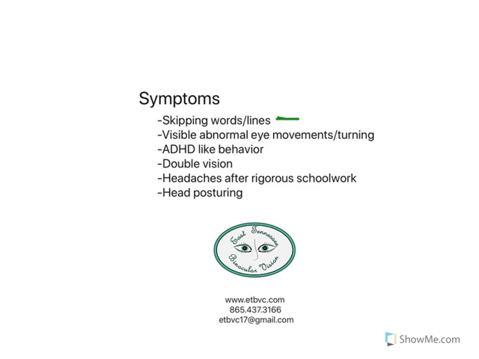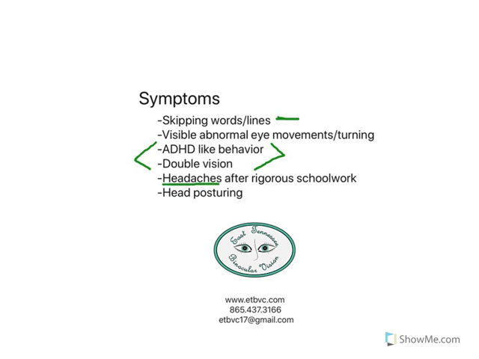I'm going to highlight ADHD-like behavior and double vision. These two topics are kind of a bit of a rabbit hole, and I'm hoping that in the future I'm going to do an entire video discussing just this. But in the meantime, they're definitely something that can be associated with this phenomenon that we've already talked about.